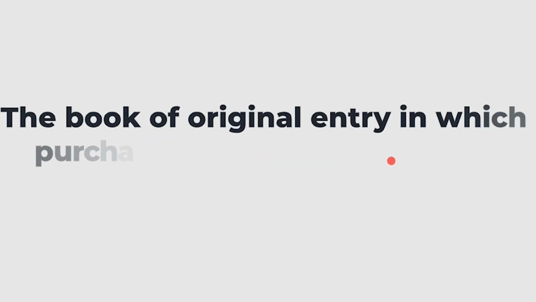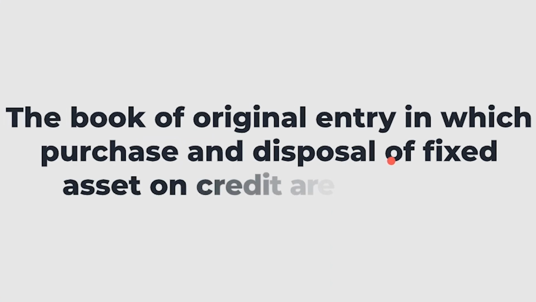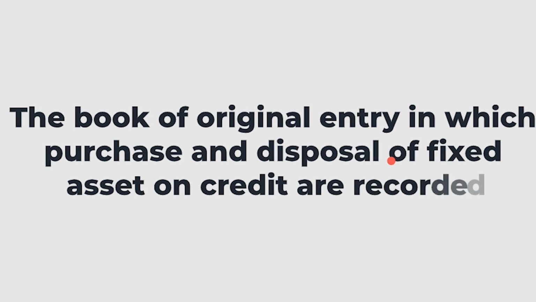For instance, sale and disposal of fixed assets on credit will be recorded in the proper journal. Opening and closing entries will equally be recorded in the proper journal, as well as any other transaction that did not fall into the categories I mentioned earlier on.